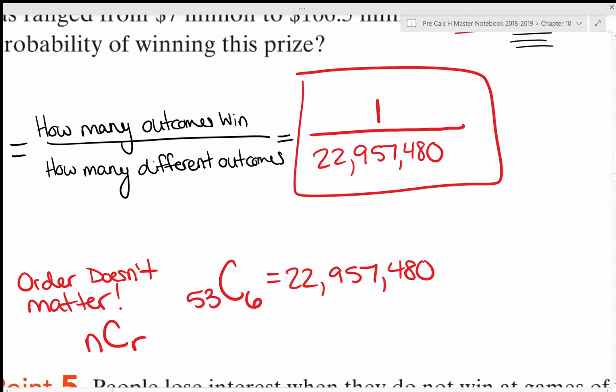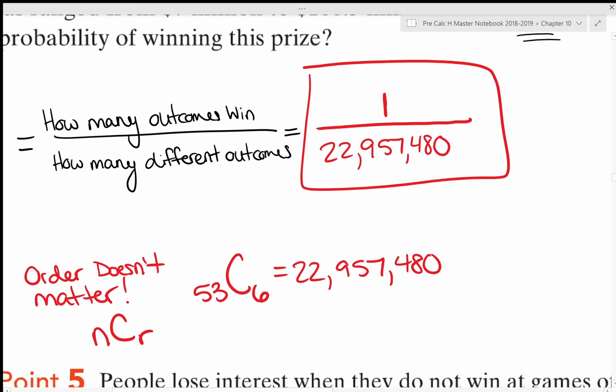Now think about things that could help. Something that could help is having the ticket be, maybe instead of picking 6 numbers, you pick 9 numbers. Or instead of there being 53 numbers, maybe there's only 40 numbers to choose from. Okay? Or you buy more than one ticket that has different numbers. All those things will help you have a better or higher chance of winning.